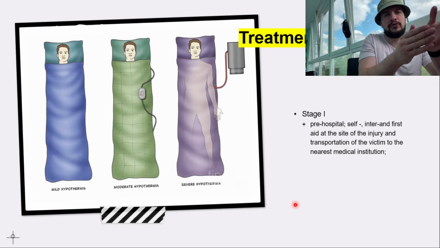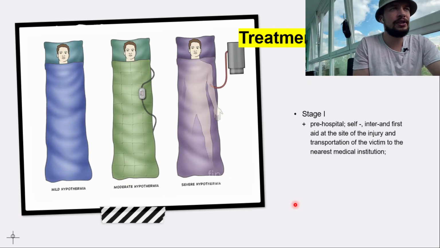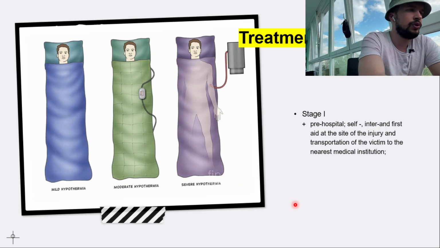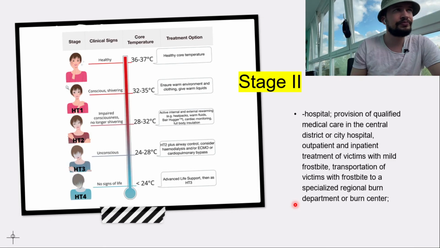If we talk about first stage, we need to understand that it is pre-hospital, self and mutual aid and first aid at the site of the injury and transportation of the victim to the nearest medical institution.